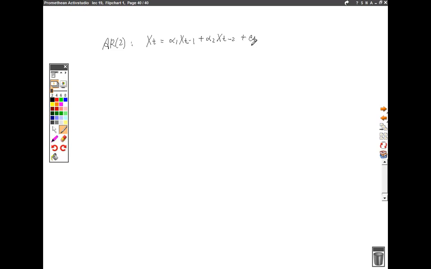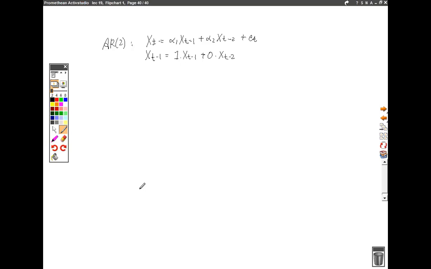So if I have to write this in terms of a matrix form, how can I write this? So I have xt minus 1, and I have xt minus 2. So what I will do is, I will write another equation of xt minus 1, which will just be 1 times xt minus 1 plus 0 times xt minus 2.